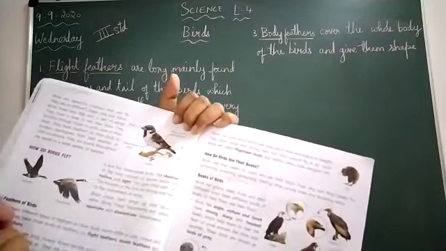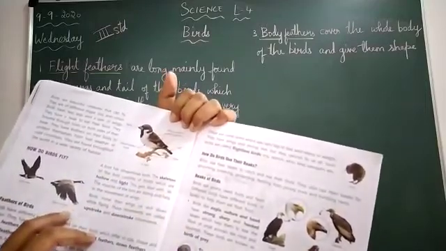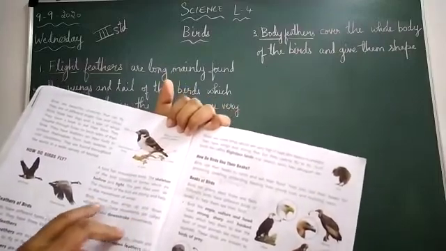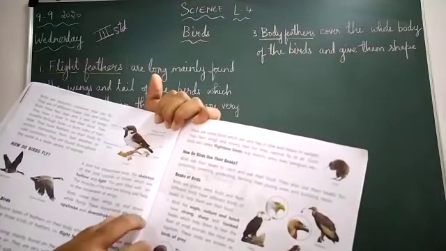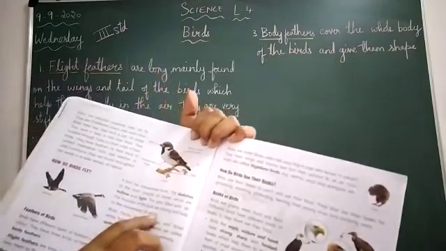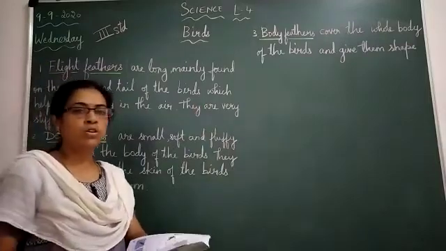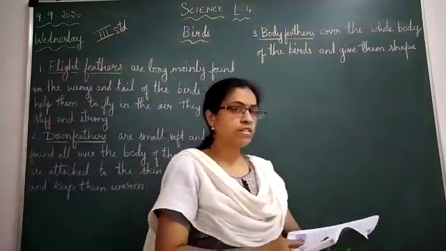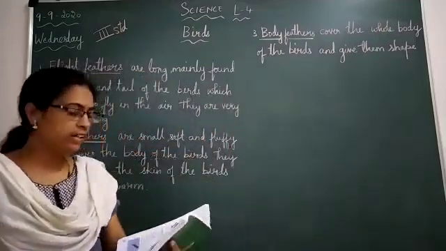These get filled with air. The muscles of the bird are strong and help in the movement of the wings. So the bones are hollow and light, and filled with air, so it can easily fly in the air.